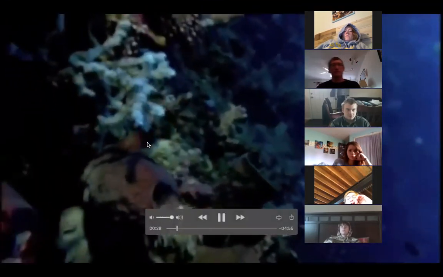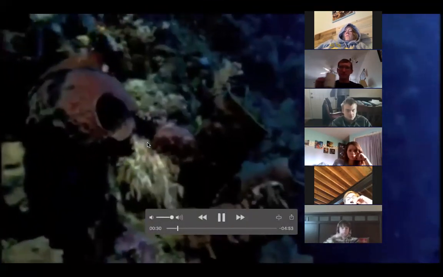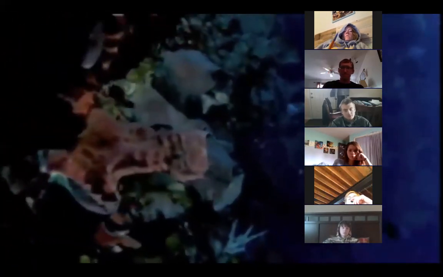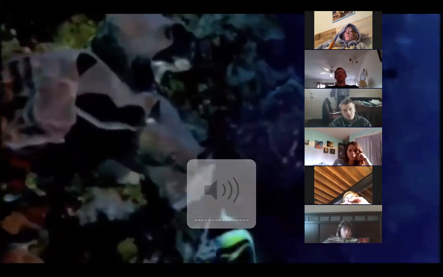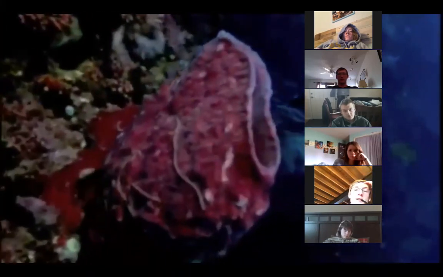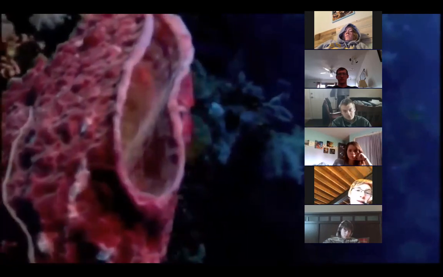It lives by sucking in water and filtering out food particles. These seemingly motionless creatures are working extremely hard in order to feed. Imagine that to get an ounce of food, a sponge has to pump over a ton of water through itself. Now, can you imagine doing that yourself? Drinking a ton of water to get an ounce of food to your body?